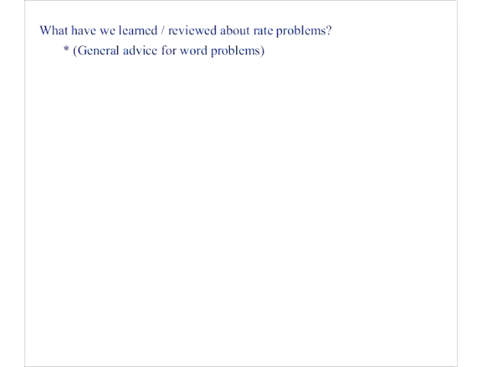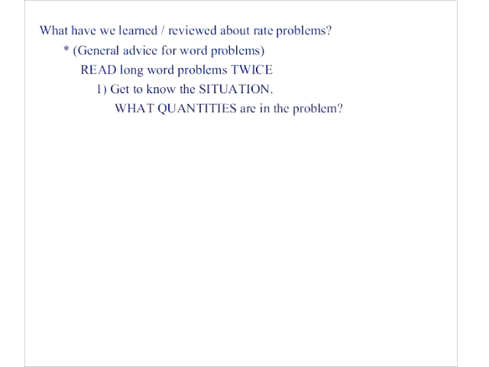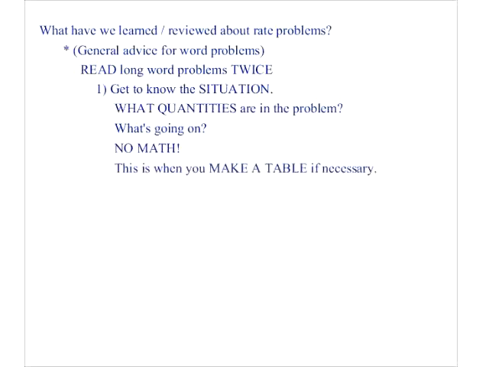In long word problems, you should read them twice. The first time you should read is just to get to know the situation, what quantities are in the problem, and what's going on. No math. And this is where you make a table if necessary. Then the second time you do math.